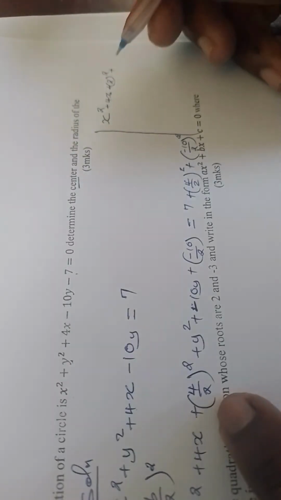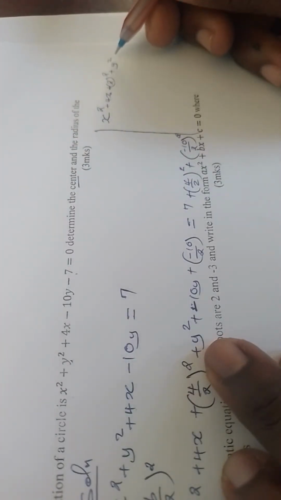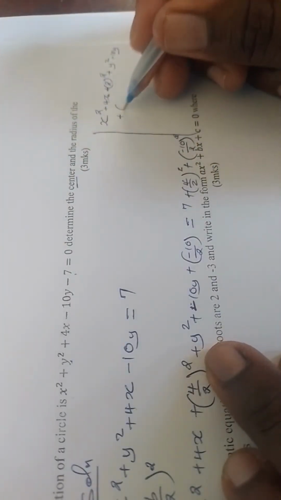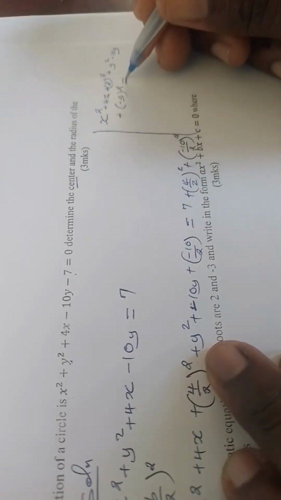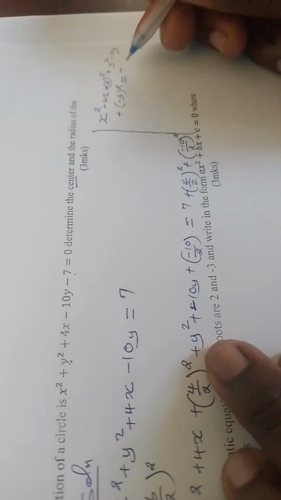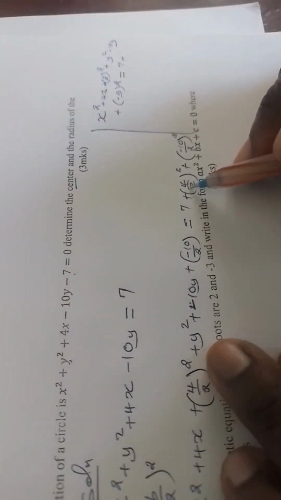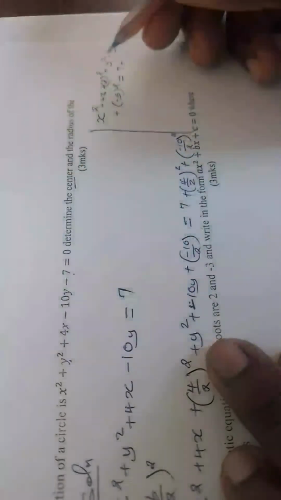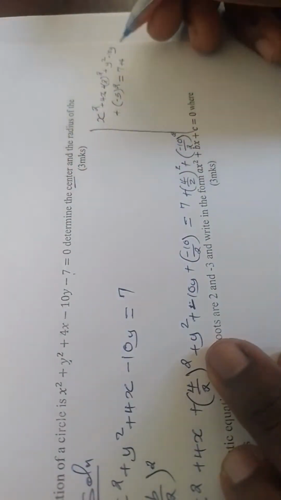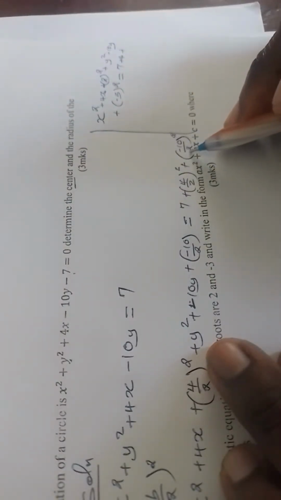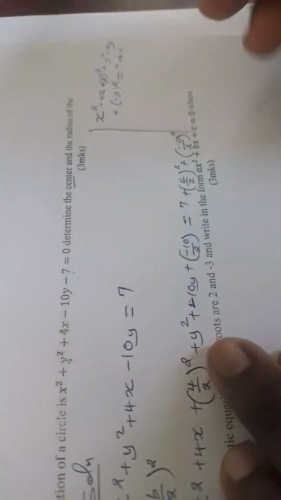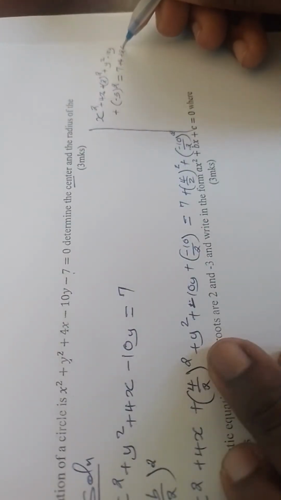Then plus y square minus 10y, then plus negative 5 square is equal to 7 plus. So if you take 4 divided by 2, that is 2, then square of 2 is 4, then plus 4, plus here we have negative 10, divided by 2 is negative 5. Then if you square that one, it is 25.